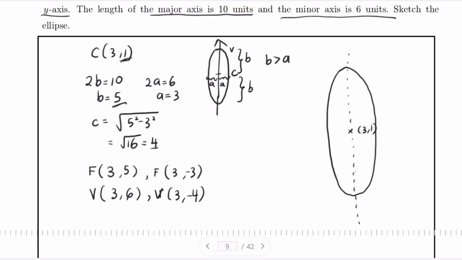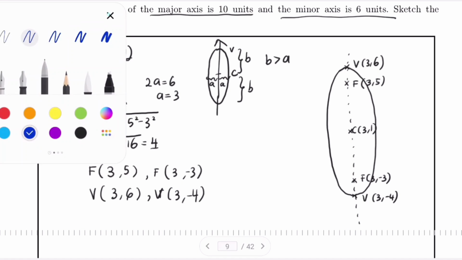Our foci is (3, negative 3), and the vertex over here is (3, negative 4). At the top, our foci is (3, 5) and the vertex is (3, 6). Do not forget your axis.